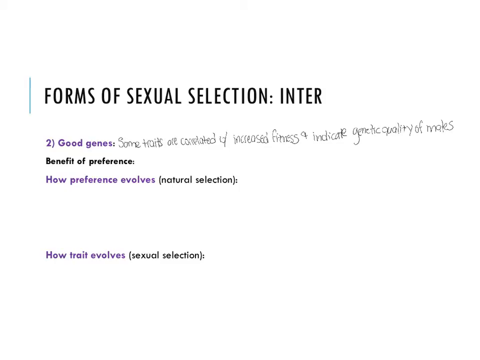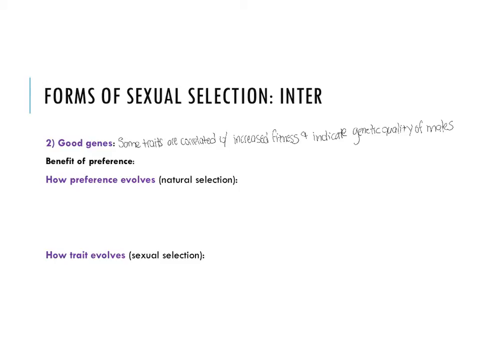Red is based on carotenoids, and carotenoids you have to get from your food. So carotenoids show that they're a good gatherer of resources, that they have a good territory potentially, right, with lots of food. And carotenoids are also involved, it seems like, in the immune system. So they must have a good immune system if they have all these carotenoids in their body.